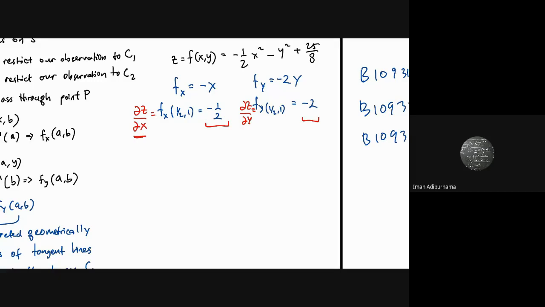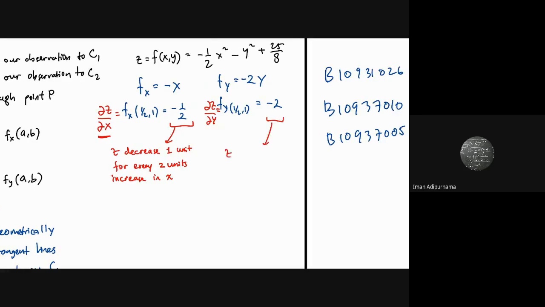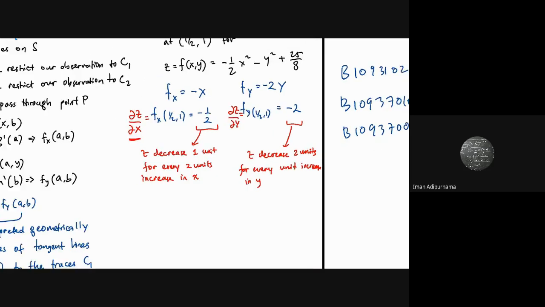This negative half means z decreases 1 unit for every 2 units increase in x. Okay. And here, z decreases 2 units for every unit increase in y. Okay. I hope you get the idea.